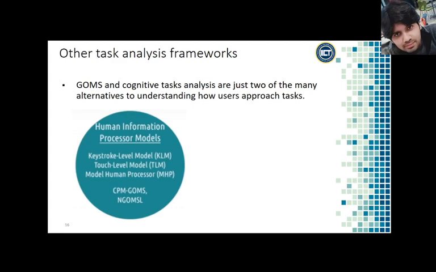There are other extensions to GOMS as well that add things like subgoals or other ways of expressing content, like CPM-GOMS and NGOMSL. CPM-GOMS focuses on parallel tasks, while NGOMSL provides a natural language interface for interacting with GOMS models.